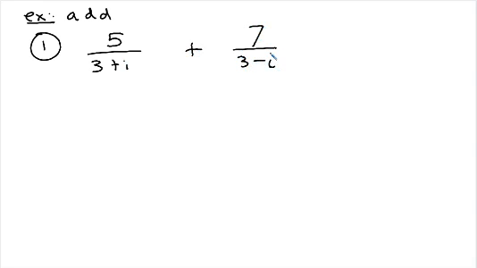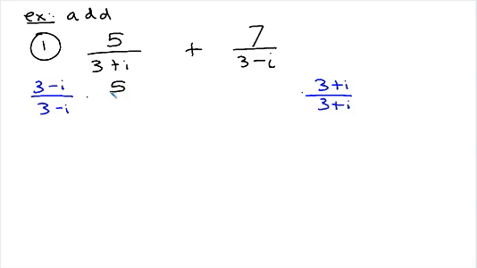If you're asked to add those two, we always have to have a common denominator. And how convenient that the two denominators are conjugates of each other. So we're going to multiply the first one by 3 minus i over 3 minus i. We're going to multiply the second one by 3 plus i over 3 plus i.